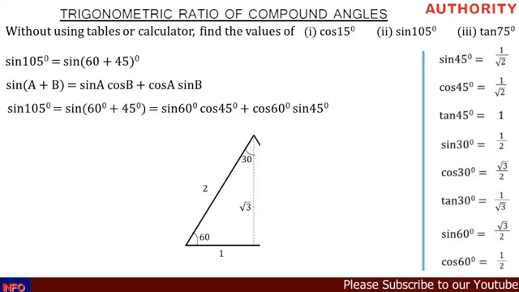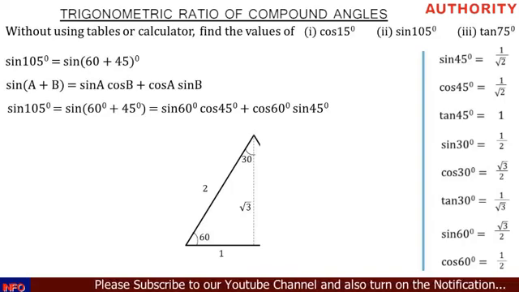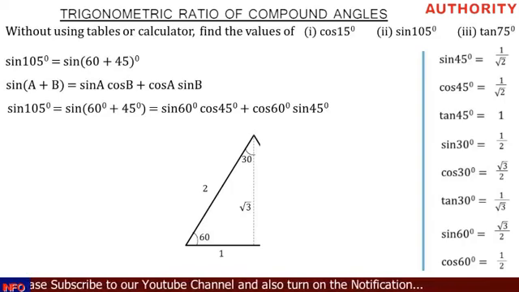When we say cos 60, looking at it very well, cos 60 is equal to 1 all over 2. That is adjacent all over hypotenuse, where adjacent is 1 and hypotenuse is 2.